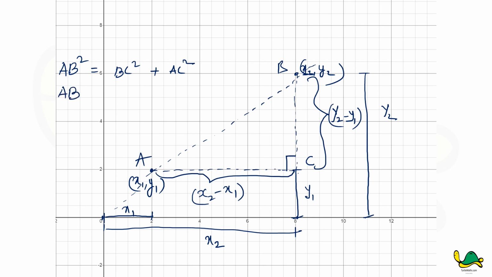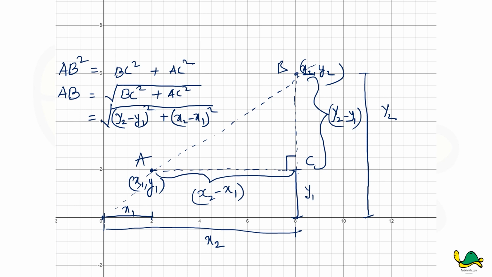If I want to find the length of hypotenuse AB, I can take the square root of the sum of the squares of the other two sides. So AB is equal to the square root of BC square plus AC square. And if I plug in the values of BC and AC, see what we will get: (y2 minus y1) whole square plus (x2 minus x1) whole square under the square root sign, and that's what my distance formula is.